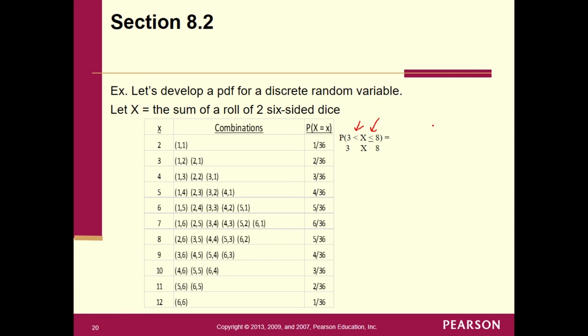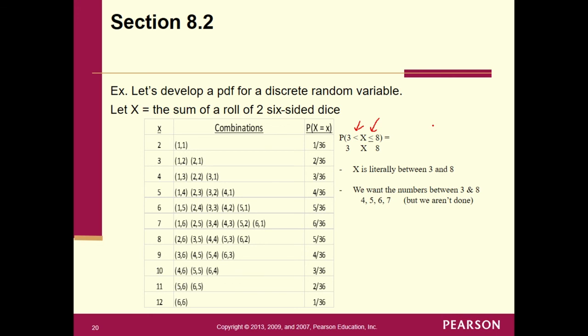That's all we're trying to show here, is that x is sitting between 3 and 8, okay? So that means we want the numbers we know for right now: 4, 5, 6, and 7.